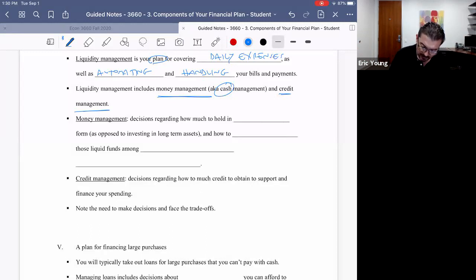Money management here, aka cash management, again, it's about decisions. Money management or cash management, it's the decisions that you make regarding how much to hold in liquid form as opposed to investing, as well as how to allocate those liquid funds among different short-term investment options.